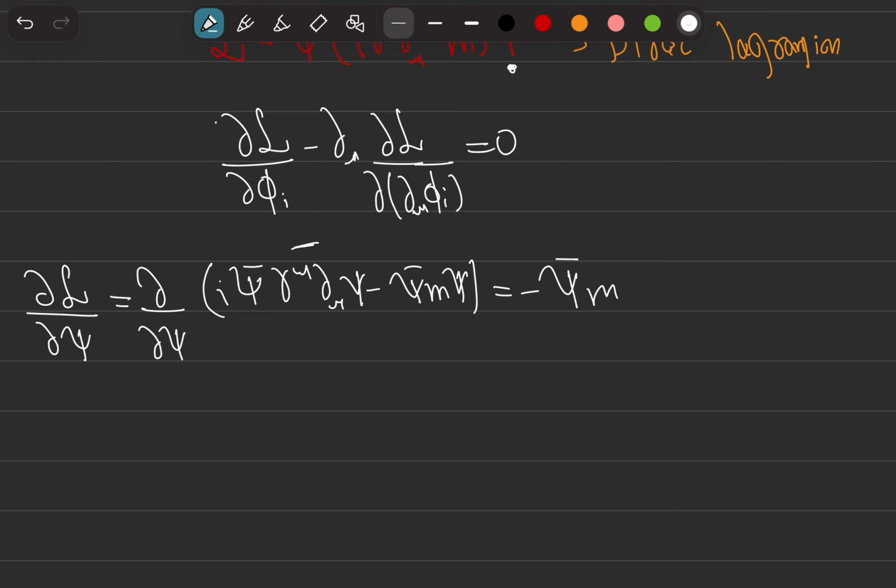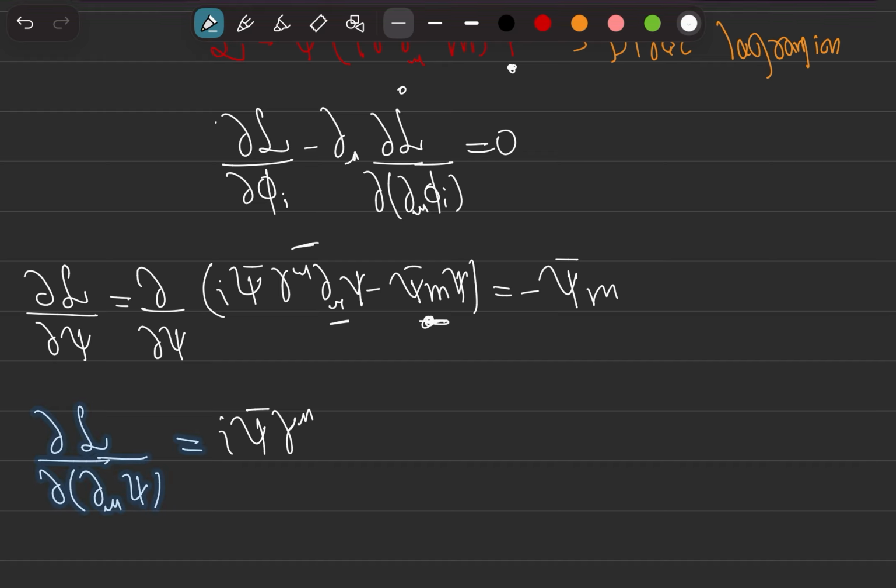Now let's find the derivative of L with respect to partial mu psi. This quantity vanishes, but this one survives, and I get iota psi bar gamma mu.